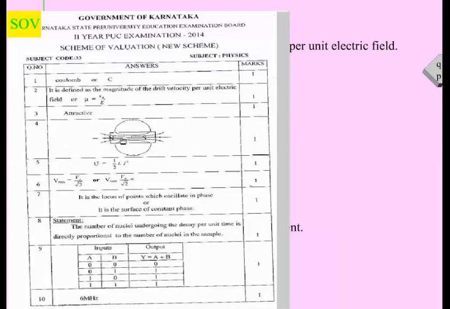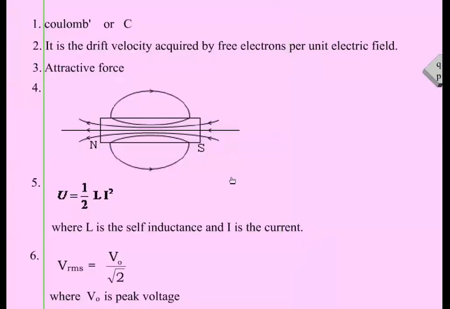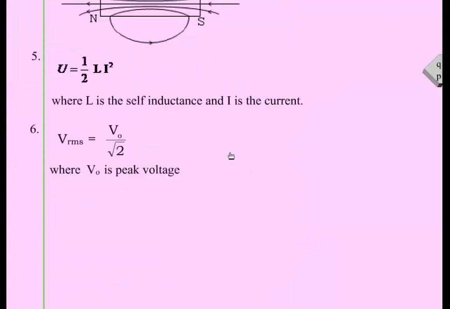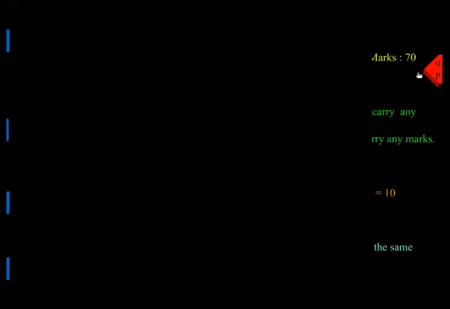Like this, in the valuation center, every valuator is provided with this scheme of valuation. According to this scheme, they value, they give number. So now let us go to the next question, that is seventh one.